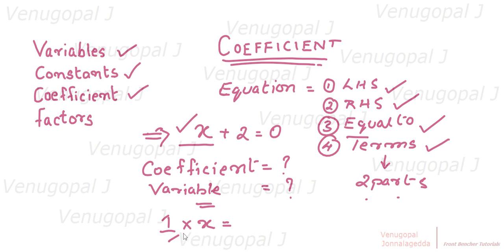So 1 is the coefficient in this. Okay, in this, the 1 is the coefficient and x is the variable. Why we are assuming coefficient to be 1 is because if you multiply coefficient 1 with anything, the value does not change, right? So that is the reason the coefficient in this case is 1.